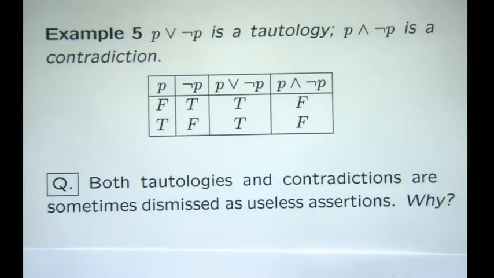Okay, so now here's another little question for you. Both tautologies and contradictions are sometimes dismissed as useless. So if you get one of these political interviews on TV or something, you get one of these smart sort of interviewers who's all very cool and sophisticated, and they're giving the politician of the day a hard time, and they drive them into a corner.